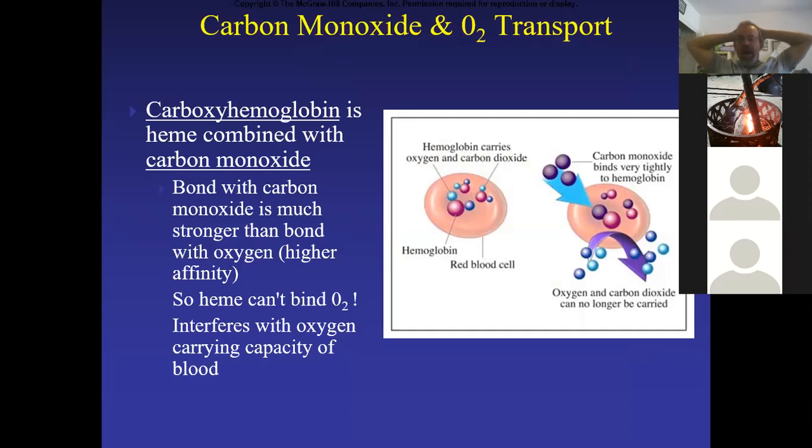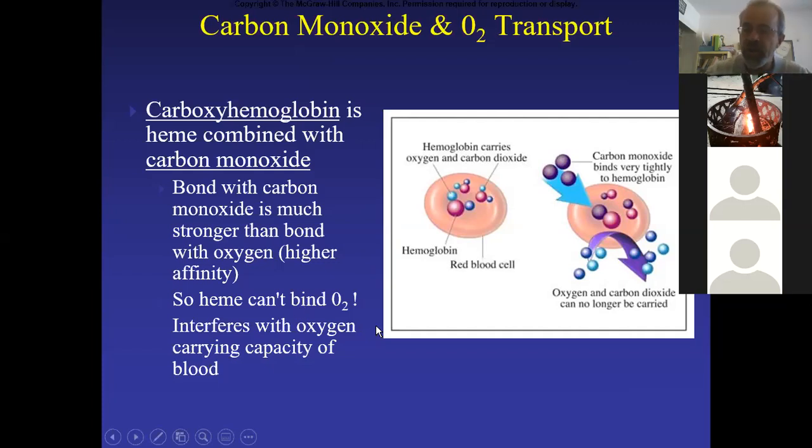And whereas oxygen bound to hemoglobin is known as oxyhemoglobin, carbon monoxide bound to hemoglobin is known as carboxyhemoglobin. And here's the problem. The affinity of hemoglobin for carbon monoxide is much higher than the affinity that hemoglobin has for oxygen.